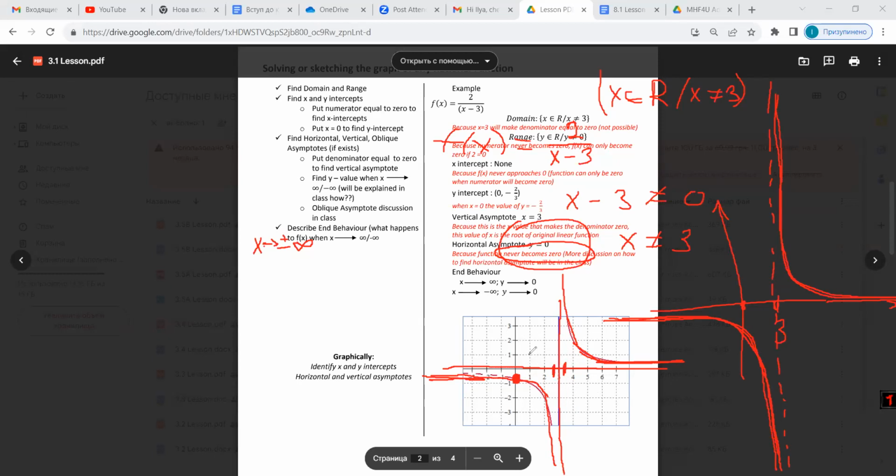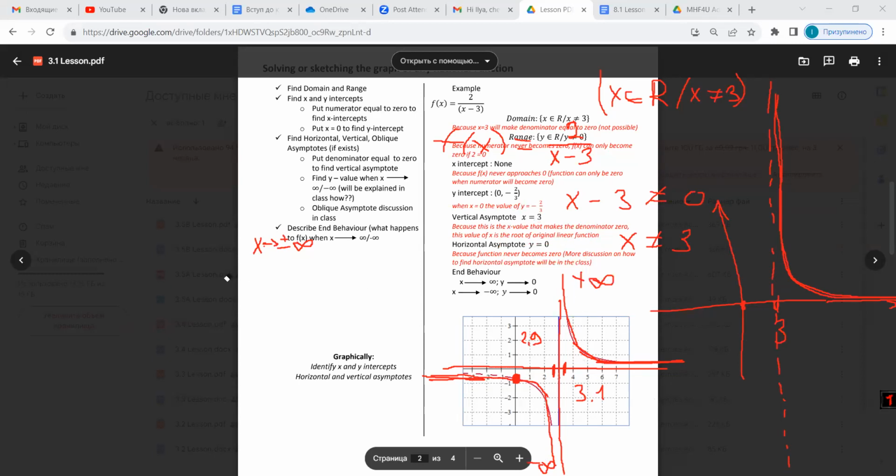For example, from the left-hand side, I would substitute 2.9 instead of 3, and I'll see that the function travels to negative infinity. On the right-hand side, I would substitute 3.1 and see that the function tends to travel to positive infinity on this end.